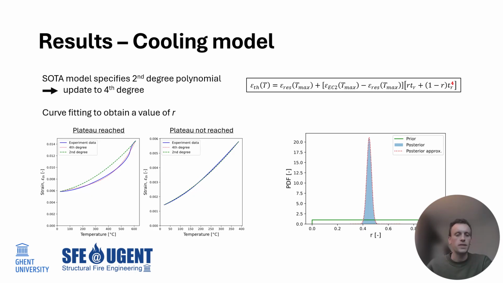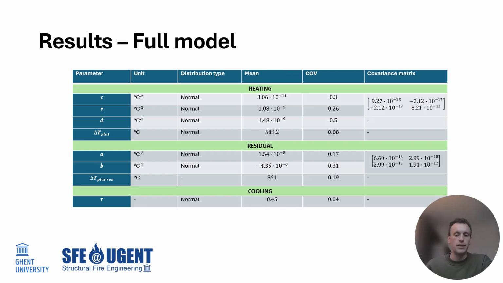Now, I will not discuss the heating model in detail because it's very similar to the other models, but I will discuss the overall outcome. So we already discussed that the parameters A and B should be considered as a joint posterior distribution to account for all the information.